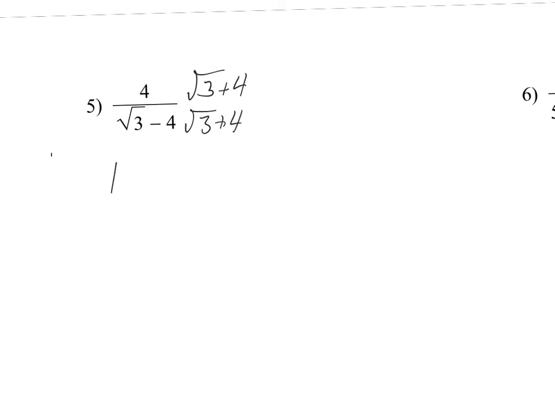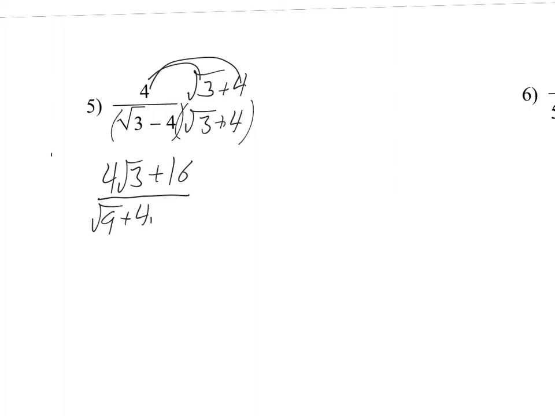So I have 4 radical 3, because I'm just multiplying this to both of these, plus 16 over radical 3 times radical 3 is going to give me radical 9 plus 4 radical 3 minus 4 radical 3. Because think about it, 1, 2, 3, 4 minus 16.